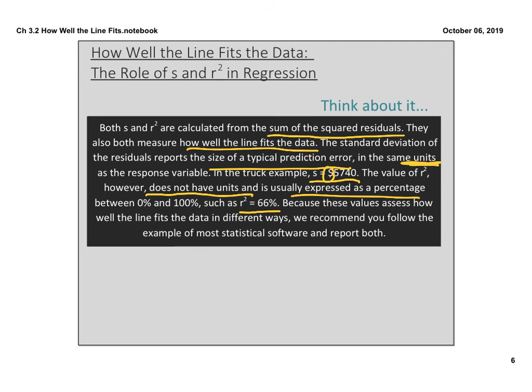Because these values assess how well the line fits in different ways, we recommend that you follow the example of most statistical software and report both. When you do your one variable statistics on a LinReg, you're going to get both of those values. You're going to get R and R squared, and you're also going to get your S value for the residuals. You're going to want to calculate both of those things. That's basically what they're getting at here.